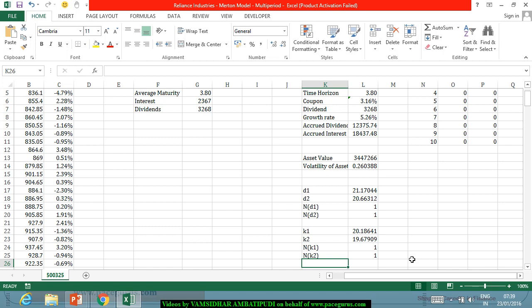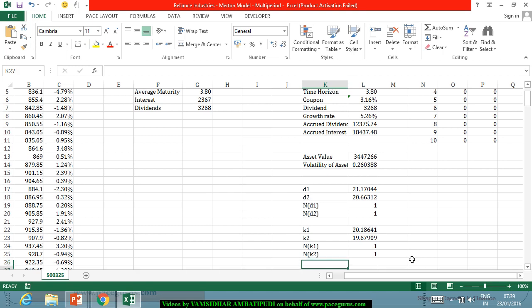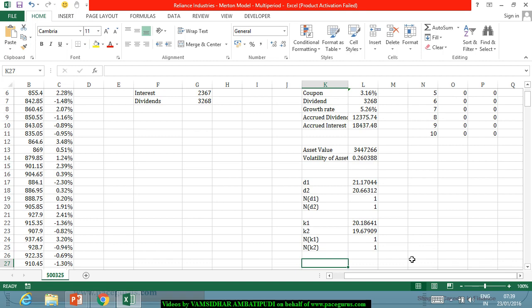So these are my NK1 and NK2. Now using these, I can find out the value of the equity and the volatility of the equity. The value of the equity from the formula is directly coming out.